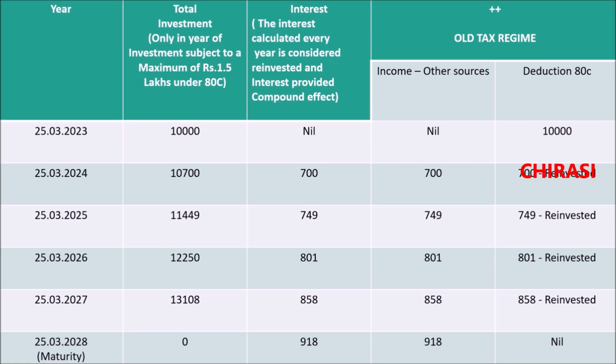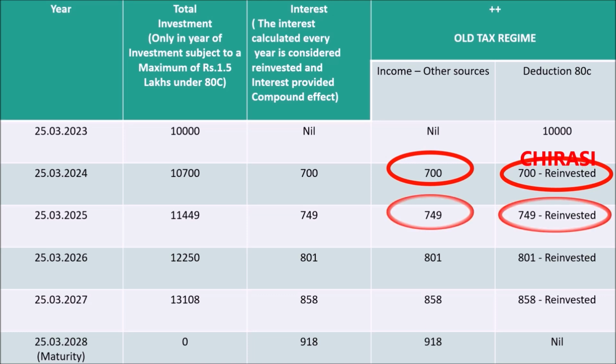10,000 is invested and this 10,000 is taken as 80C deduction. In the second year, that is during the last financial year 23-24, 700 is taken as income. You can also include 700 as deductions under 80C.